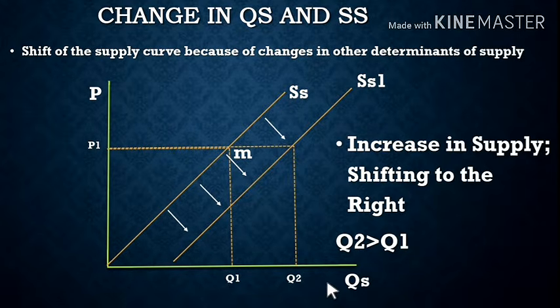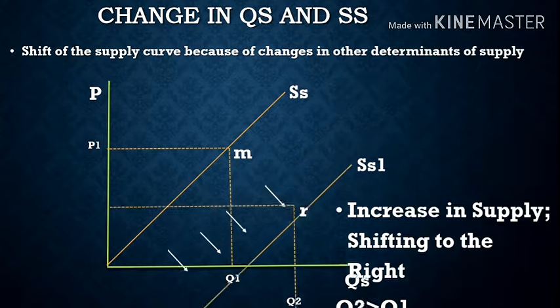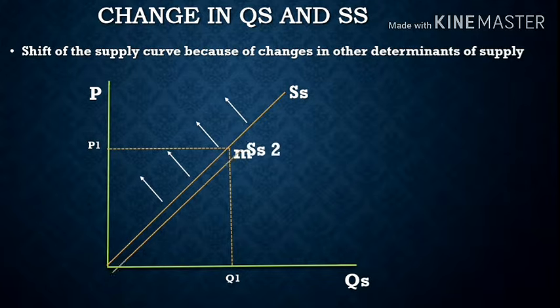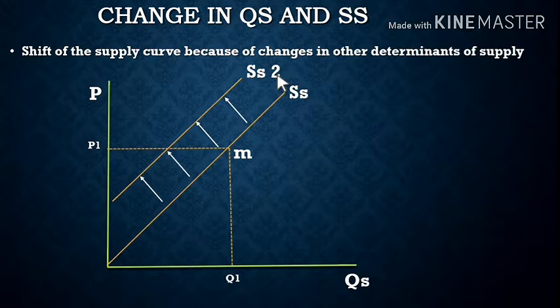Now let's say because of other determinants of supply ደግሞ supply has decreased. Supply has decreased ሲባል it is shifting to the left ነው, okay, shifting to the left, and we are getting supply curve 2 እናገኛለን ማለት ነው. እስቲ ምንድነው የምናደርገው?